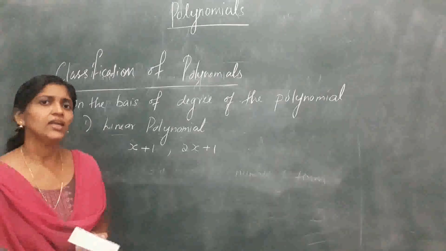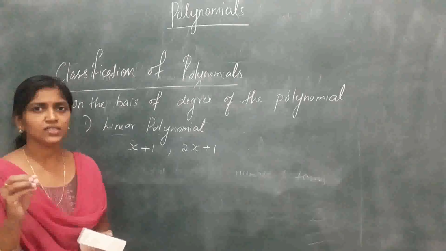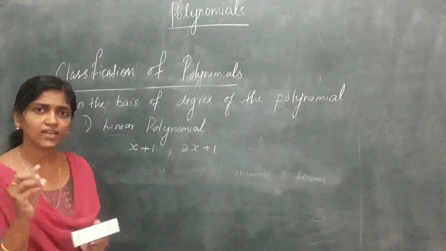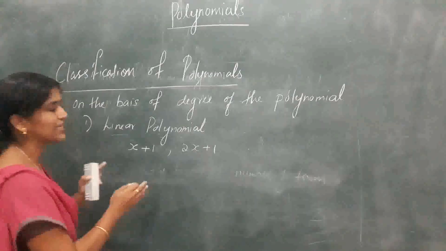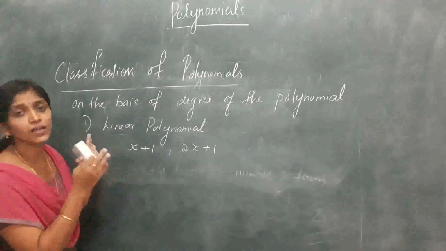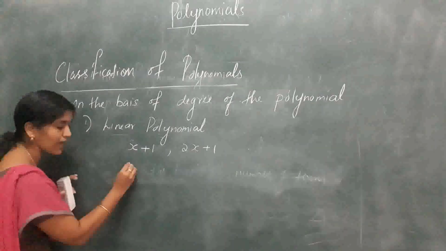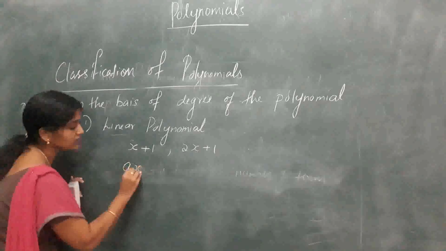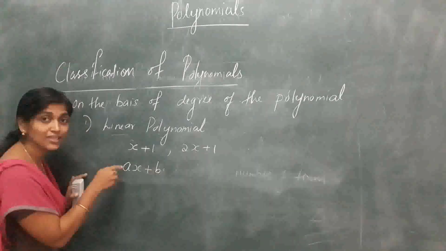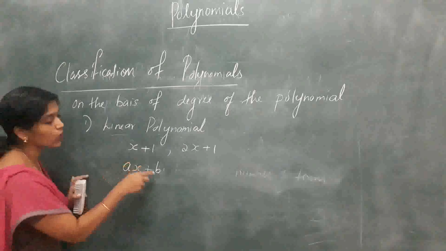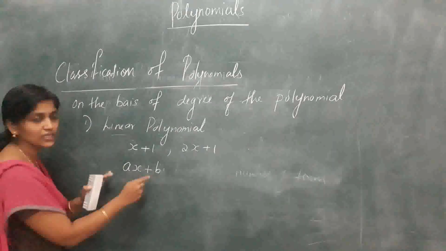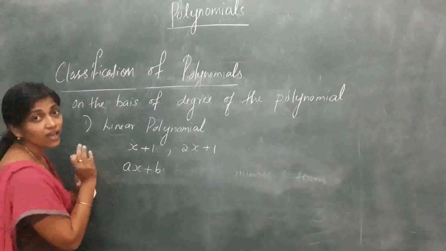That is, linear polynomial means it is a polynomial with degree 1. So generally we are representing a linear polynomial as ax plus b, which means it contains an x term and a constant term.